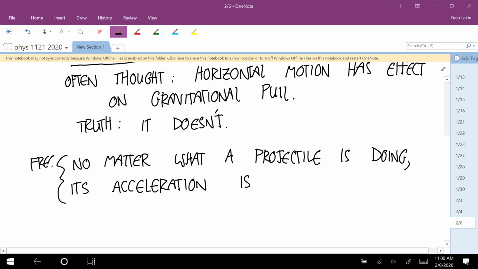So this isn't true of general things that are sitting on a table or have other forces acting on them. But if something's in free fall, whether it's going up or down or horizontally or at an angle, its acceleration is down with a magnitude of g, which is 9.81 meters per second squared.